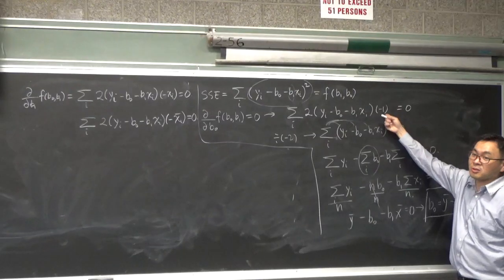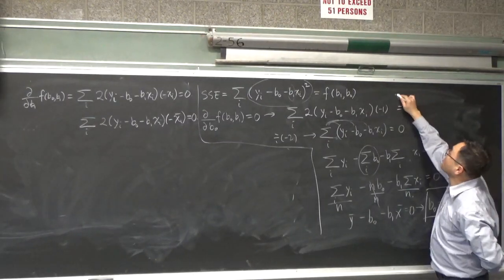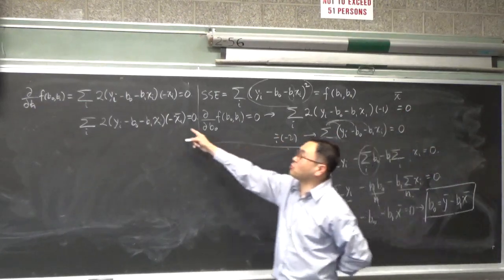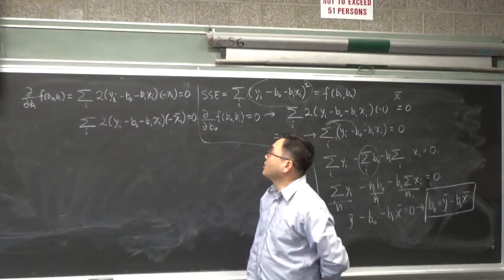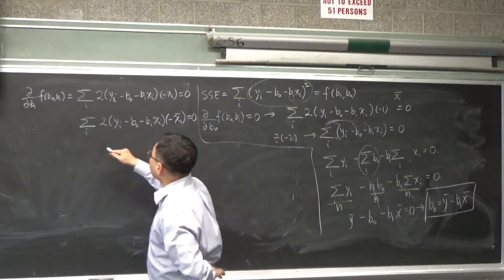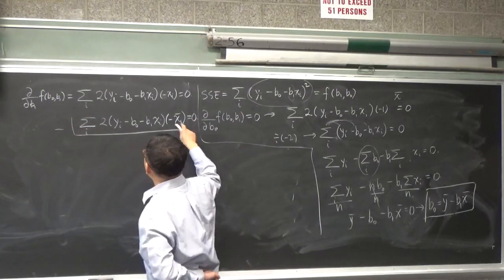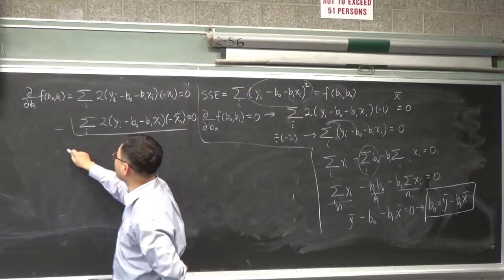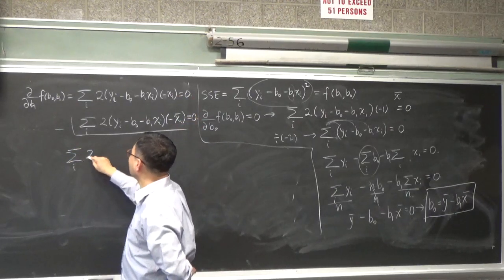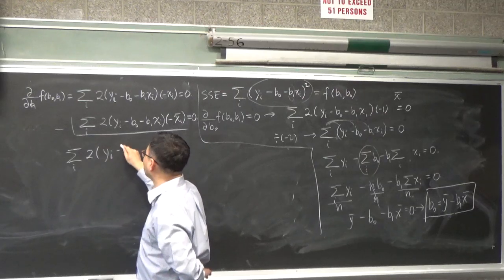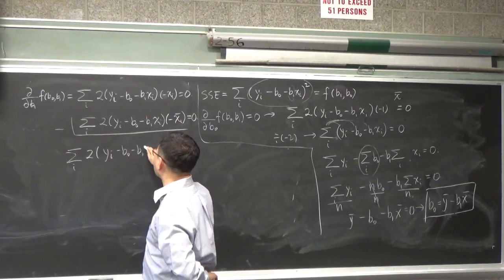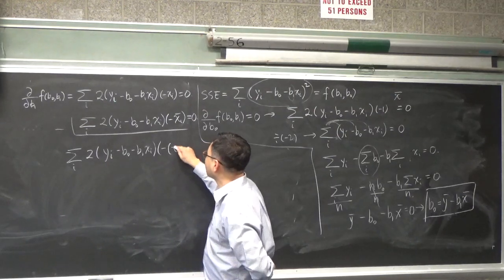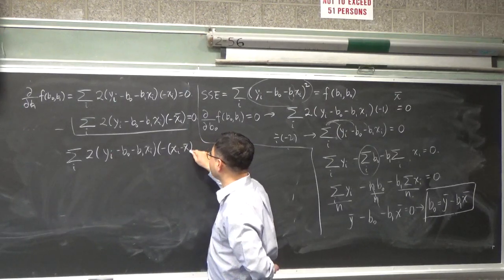And if I multiply x bar on both sides, that's a constant multiple, so this is still true. And then once I have that, I can subtract the two. And since these two are exactly the same, I can rewrite this so that it looks like summation of i, 2 times yi minus b0 minus b1 xi, with minus of xi minus x bar.